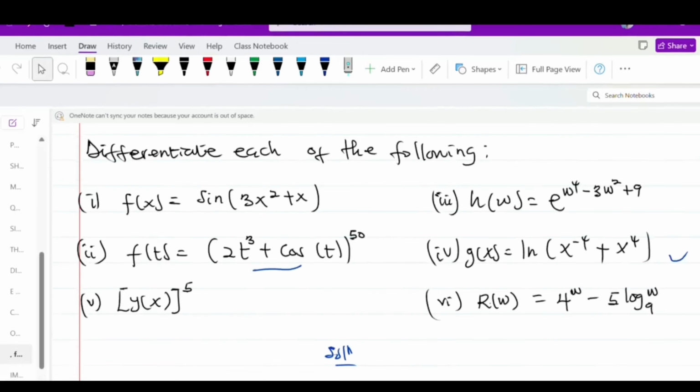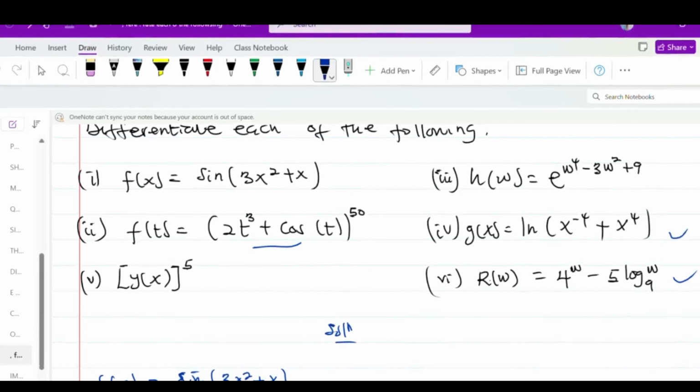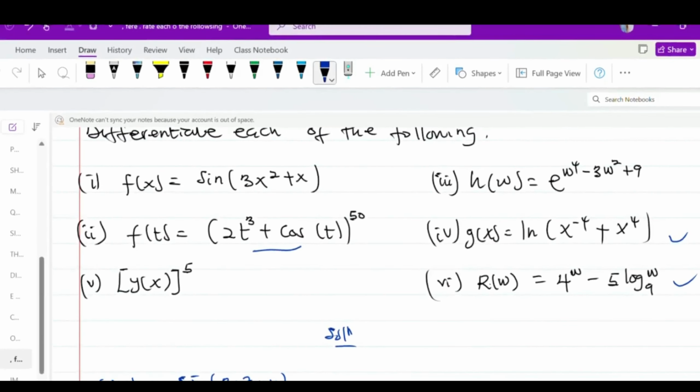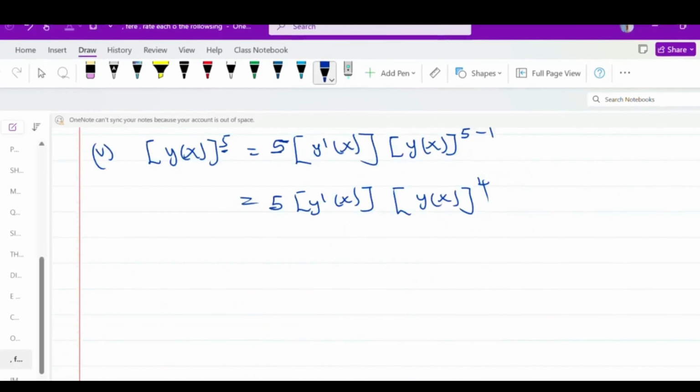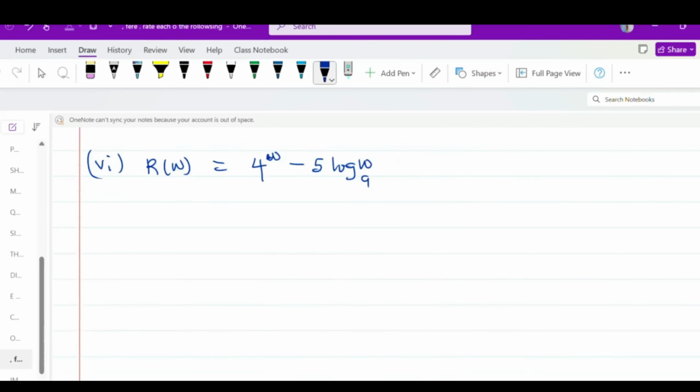And the next question, we are to differentiate r of w, which is equal to 4 exponent w minus 5 log w base 9. Now, if we have, let's say, y to be equal to a exponent x, where a is a constant, then our y prime of x will be equal to a exponent x ln a.